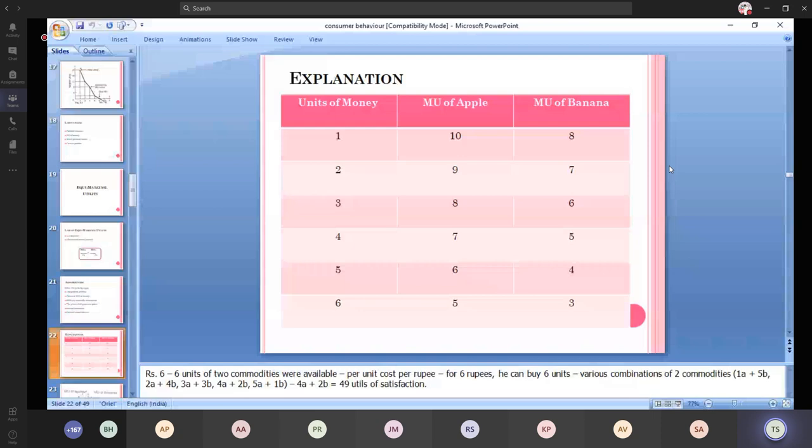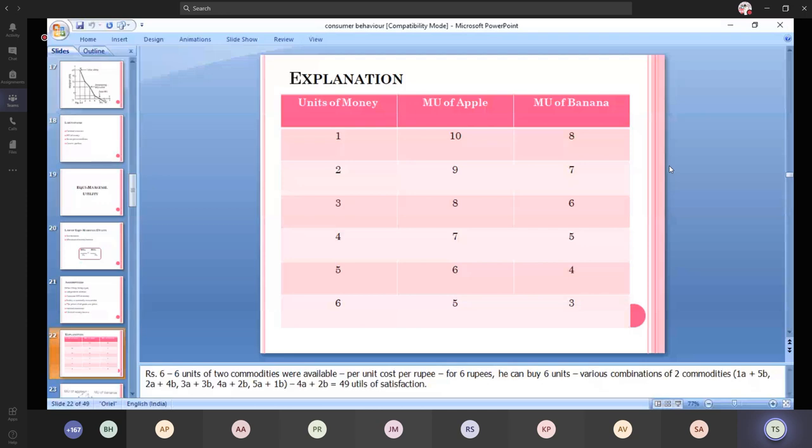So the total utility is 10 plus 8 plus 7 plus 6 plus 5 plus 4, which comes to 40.